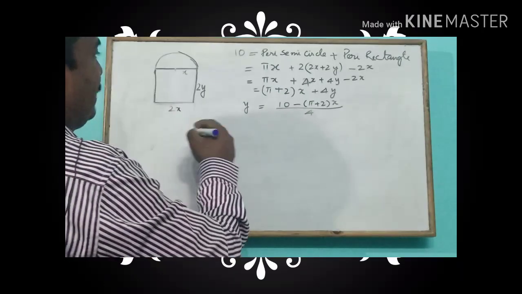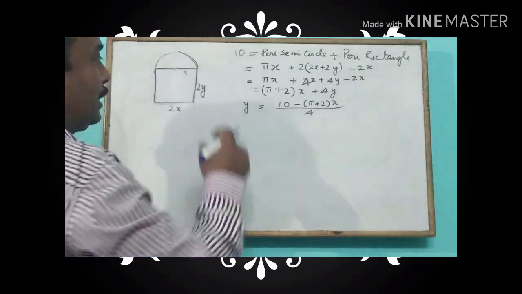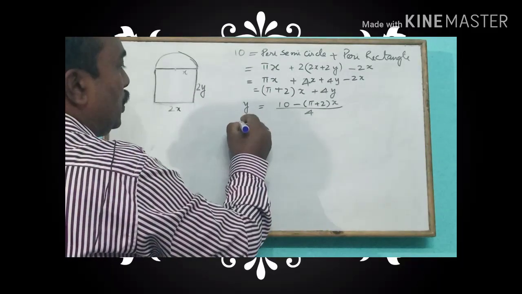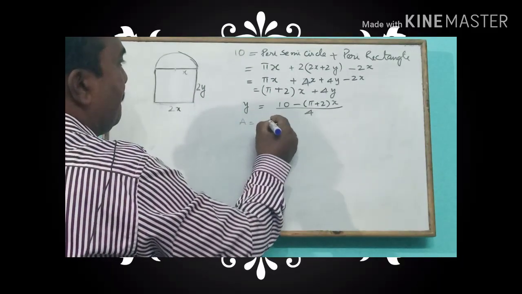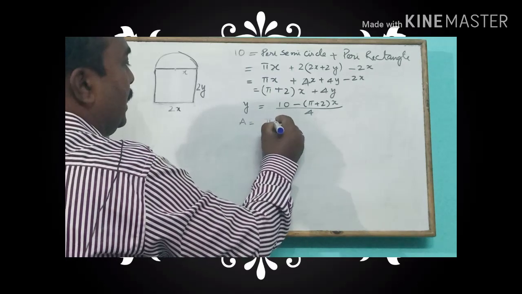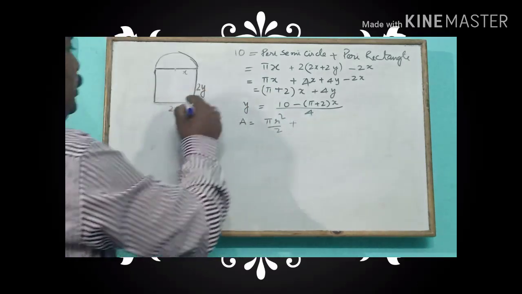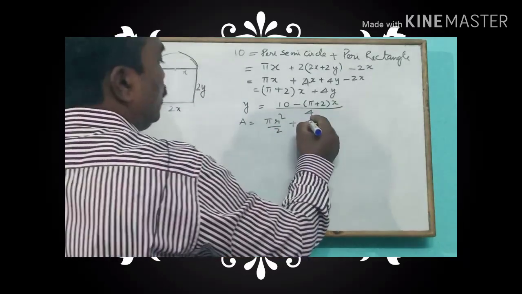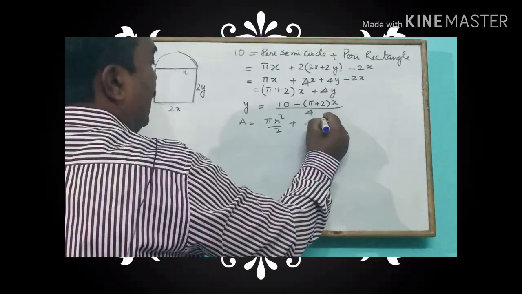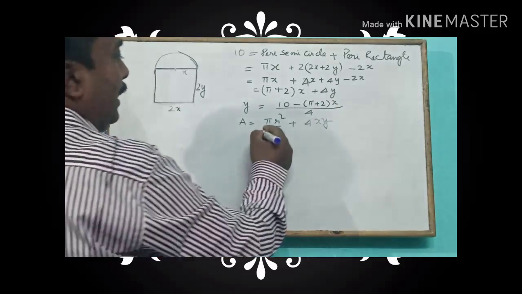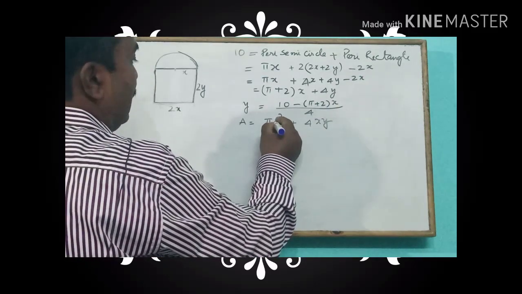Now we have to show that maximum light passes through. That means the area should be maximum. So area is given by pi r square by 2 plus length into breadth, that is 2x into 2y, that is 4xy. Instead of r it will be x.